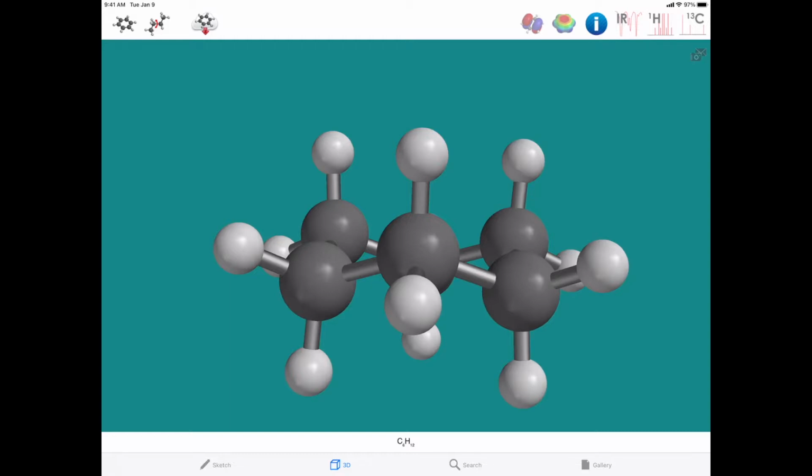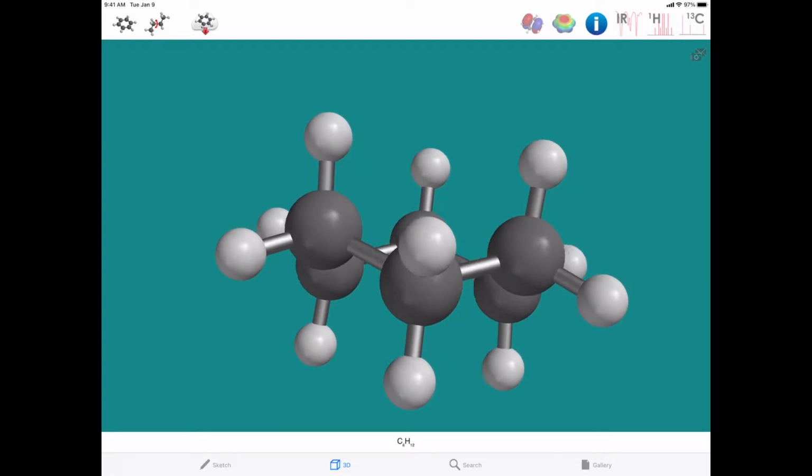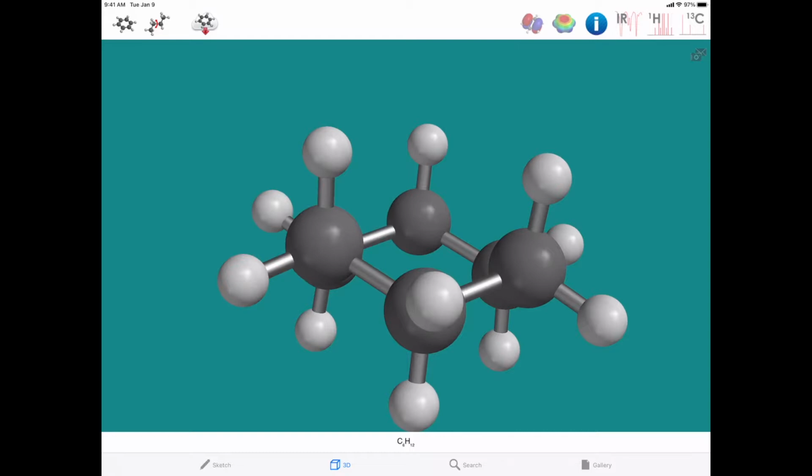One other thing. If we look at this ring and imagine it as being distorted from perfectly flat, then we have carbons like this one right in the front that are at an up position. The bonds leading to it are angled upward, so I'm going to call that an up carbon. And then you have other carbons like this one, which I'm going to rotate around so you can see it, where this carbon is angled downward.